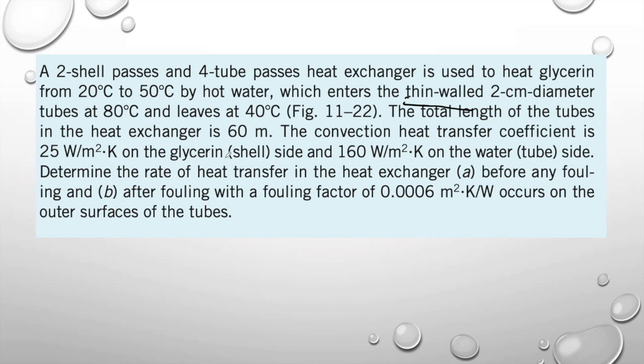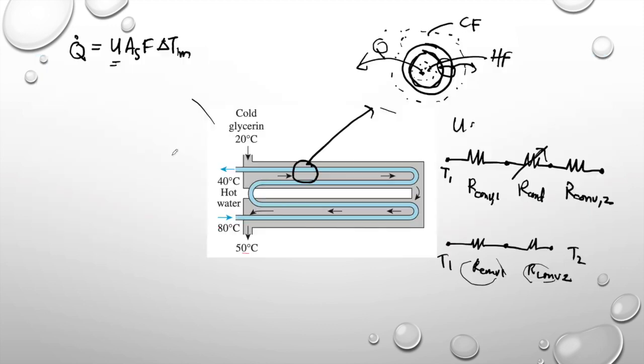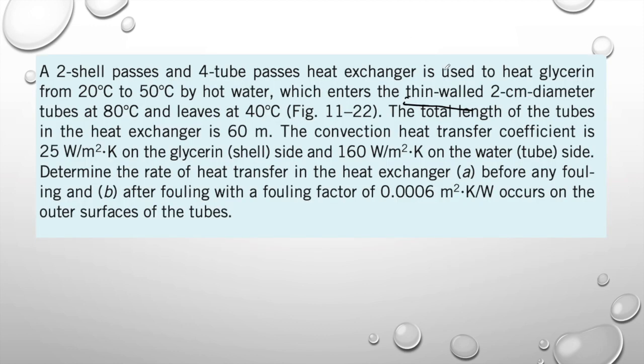The glycerin on the shell side is T2, the cold fluid. This is H2 and H1. H2 is for the shell side, and H1 is for the tube side. So we already have the shell side and tube side convection heat transfer coefficients.